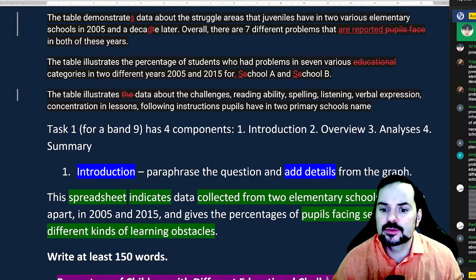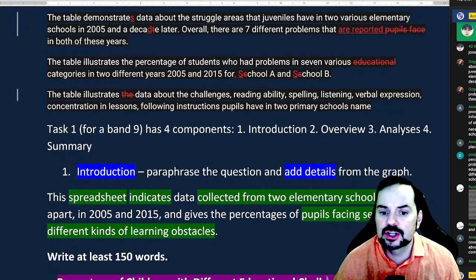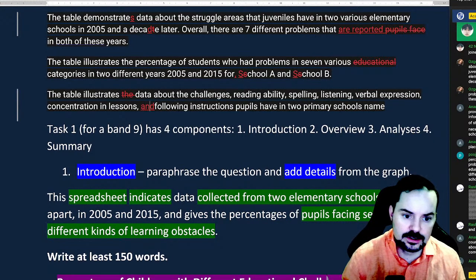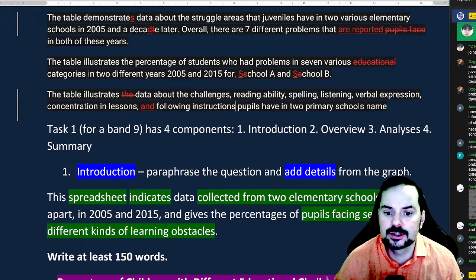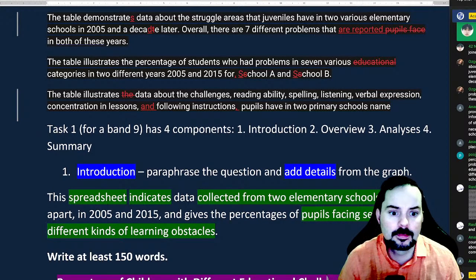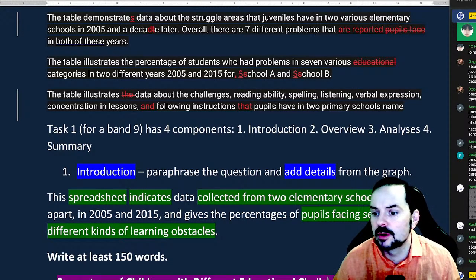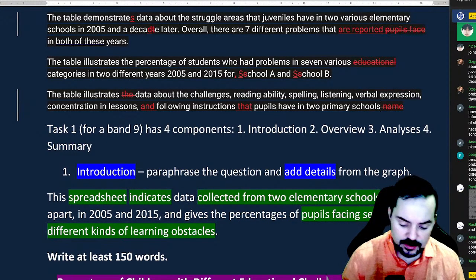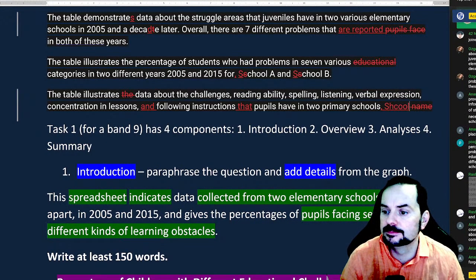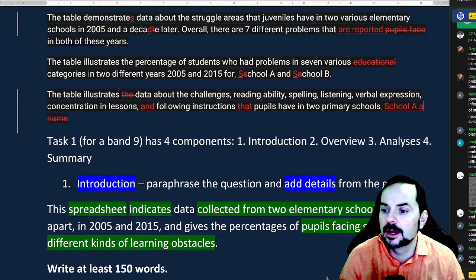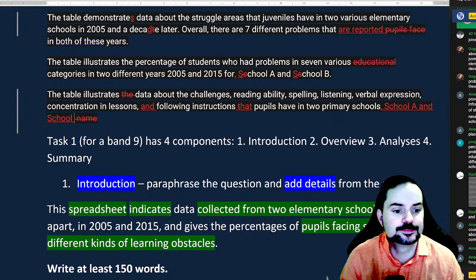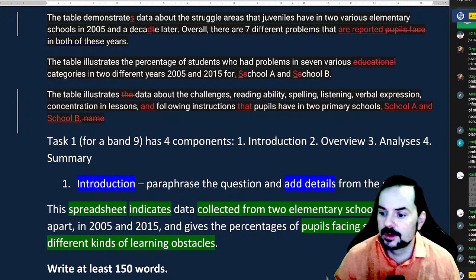About the challenges: reading ability, spelling, listening, verbal expression, concentration in lessons, following instructions, that pupils have in 2 primary schools, and then it would be School A and School B, like that. Okay, Rashika.